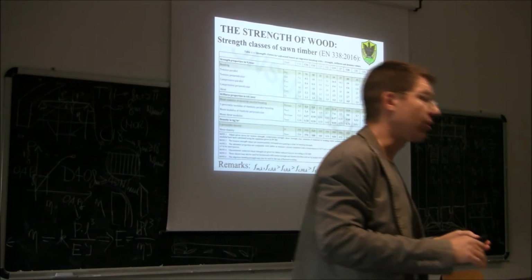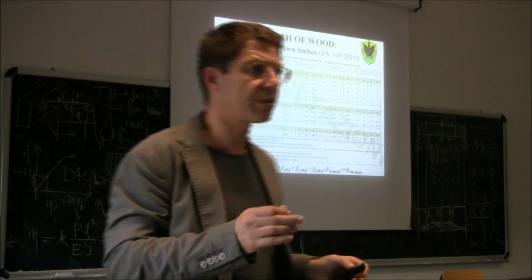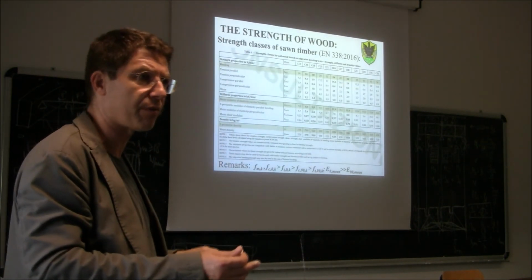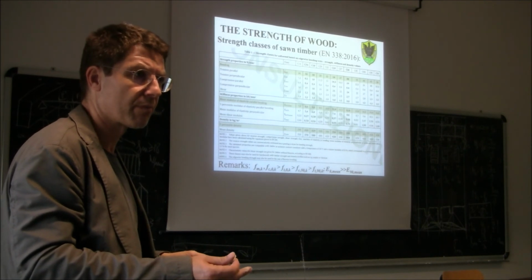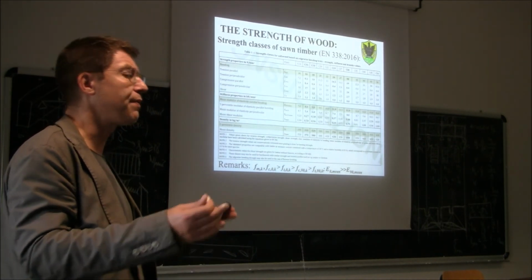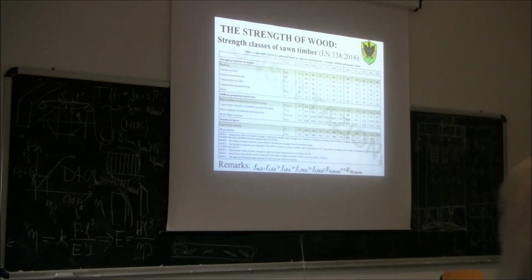The characteristic value. And the characteristic value of a strength is the fifth percentile. So the fifth percentile is usually used for ultimate limit state verification.